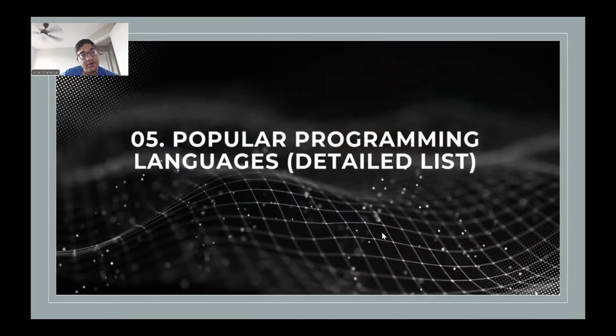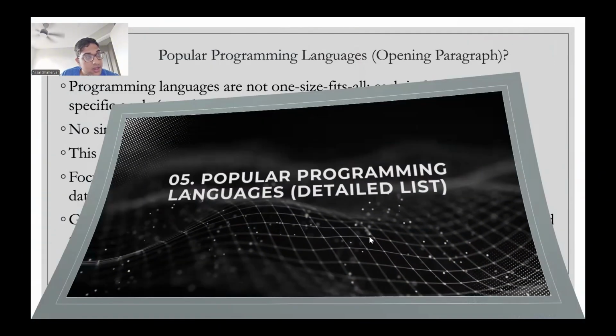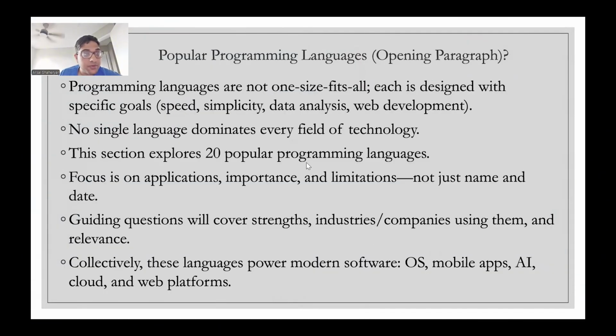Now, you may ask which programming languages are actually popular. Here's a detailed list. So, programming languages are not one size fits all. Each is designed with specific goals: speed, simplicity, data analysis, web development. No single language dominates every field of technology.